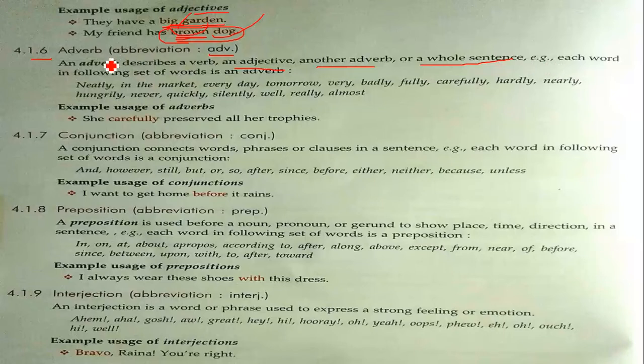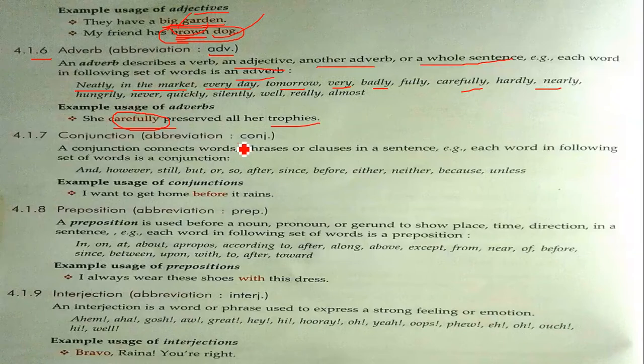For example, each word in the following is an adverb: neatly, in the market, every day, tomorrow, very, badly, carefully, nearly. These are adverbs. Example of use: she carefully preserved all her trophies. So this "carefully" is the adverb.